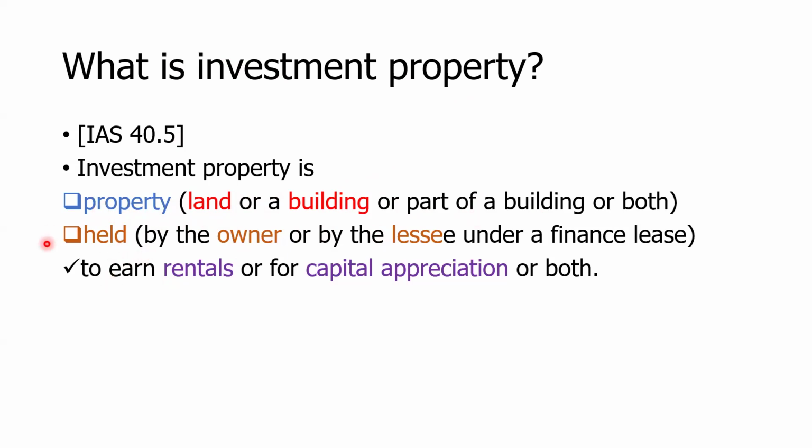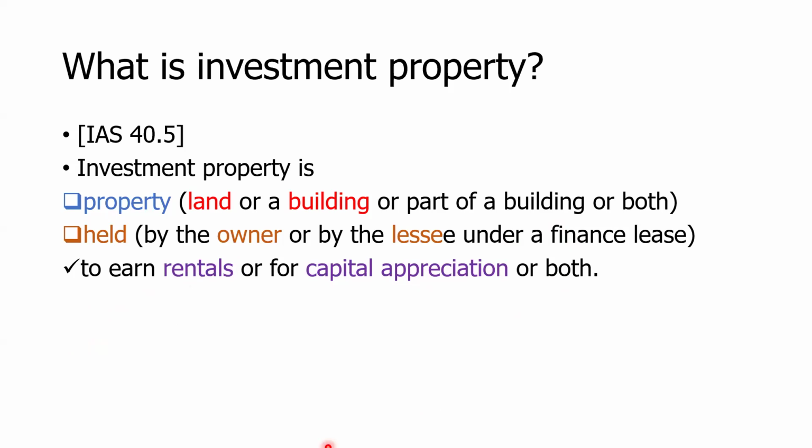So if the owner of a land or building is holding it for rental purposes or for capital appreciation, then we say that is investment property. If you have land or a building, and the purpose for that property is to earn rentals or for capital appreciation, you call it investment property.